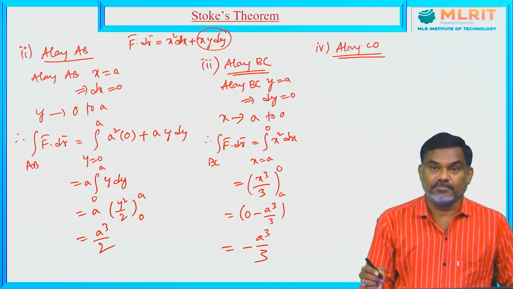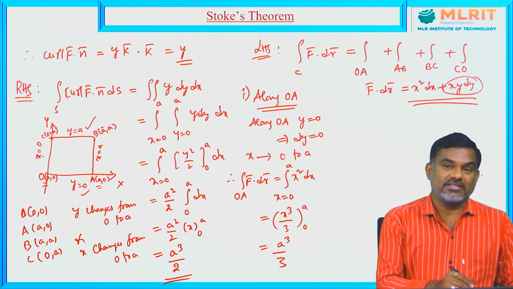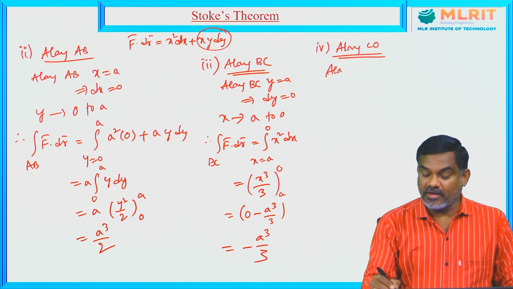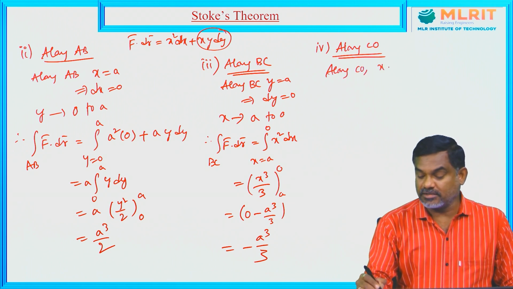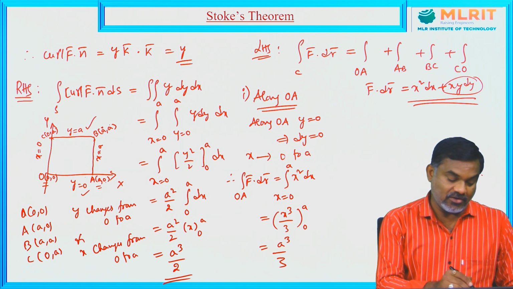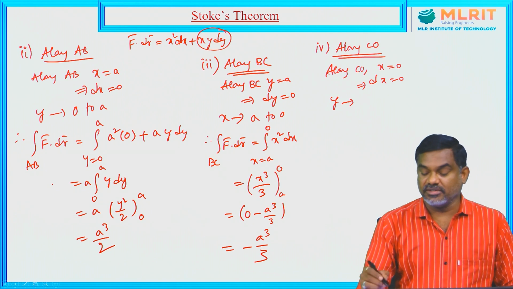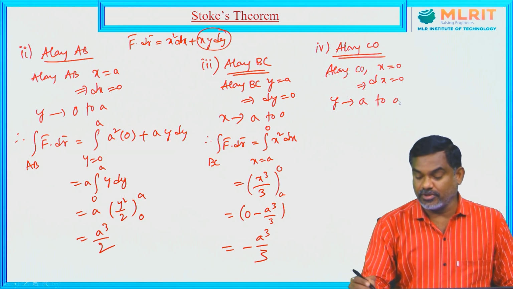Along CO, so C to O, the line is the y-axis, so x equal to 0. Along CO, x is 0, so that implies dx is 0. And y changes from, at C the value of y is a, and at the origin the value of y is 0. So y changes from a to 0.